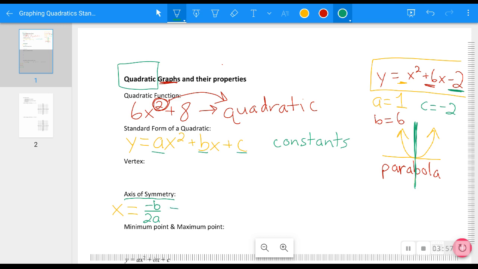So in our case, our b value was 6. So we're going to have negative 6 over 2 times our a value, which was 1. So we'll get negative 6 divided by 2 times 1 is 2. So that's going to give us negative 3. So our axis of symmetry, or you can just write AOS, is going to be x equals negative 3.